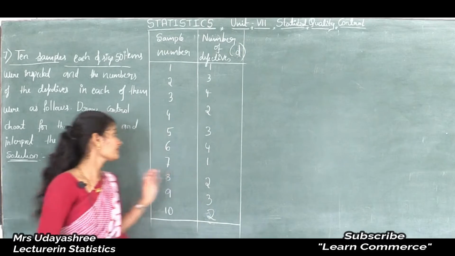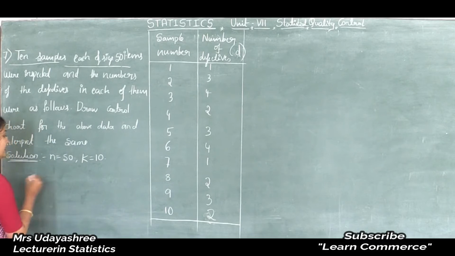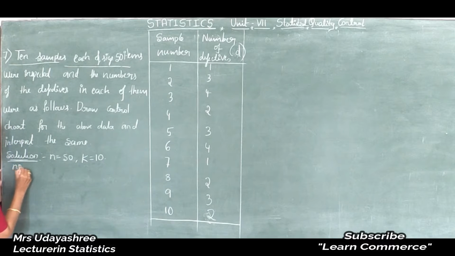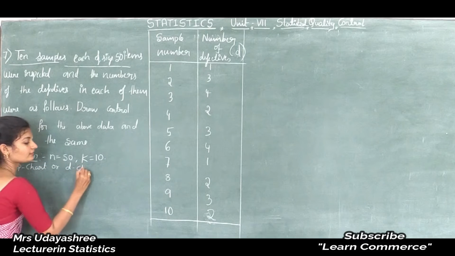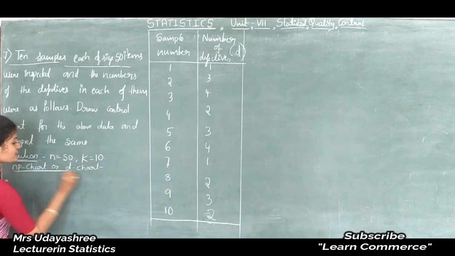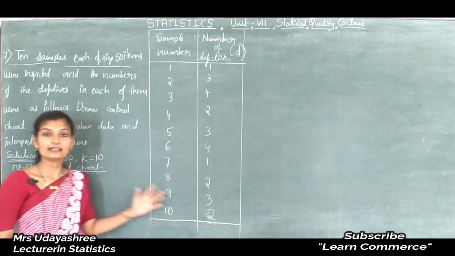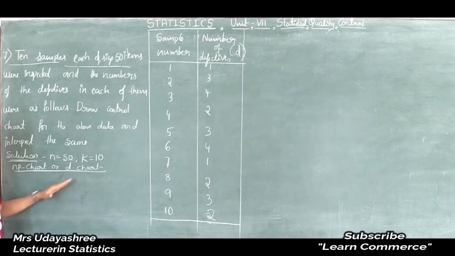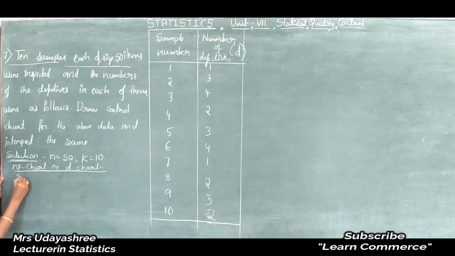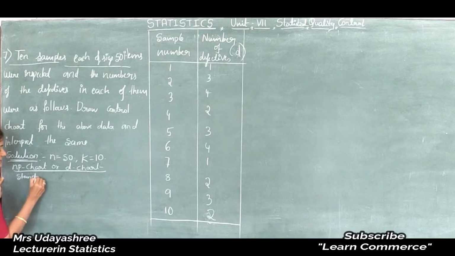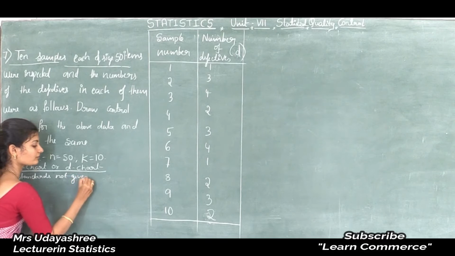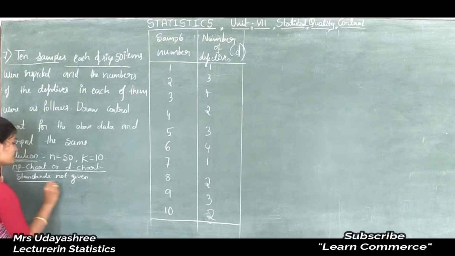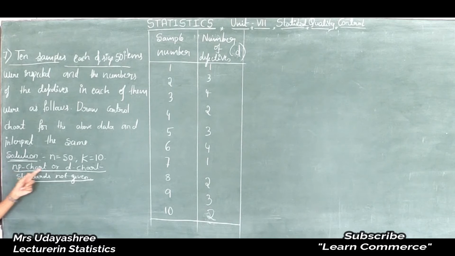So this is NP chart or D chart, and using this D we can find the control limits. This is the standards not given case.